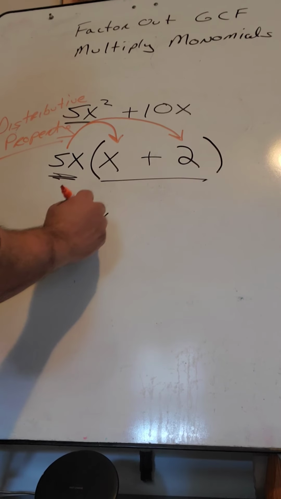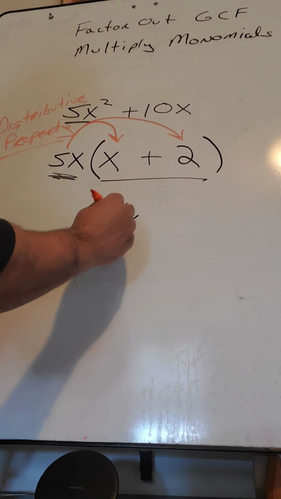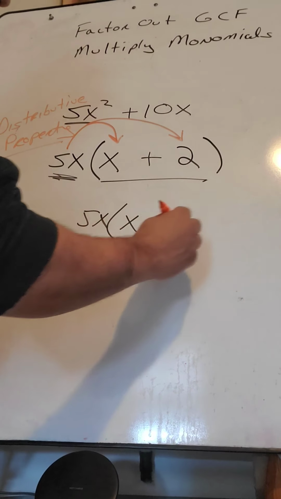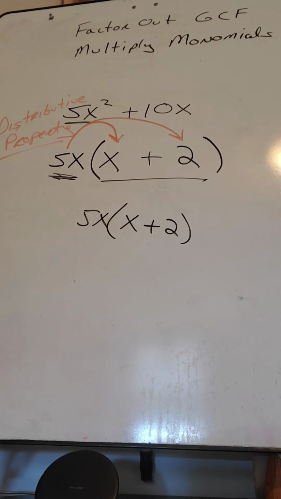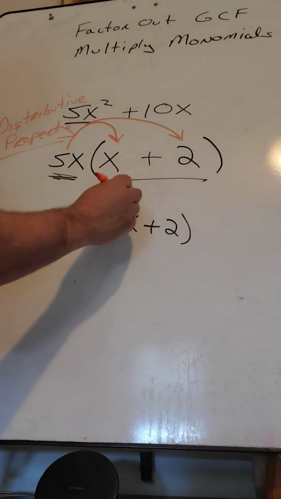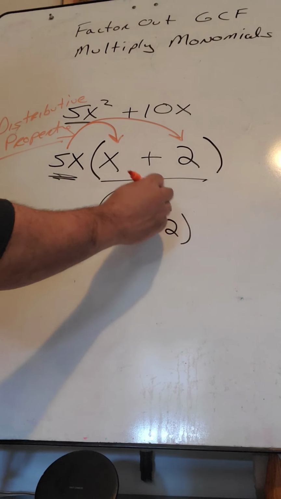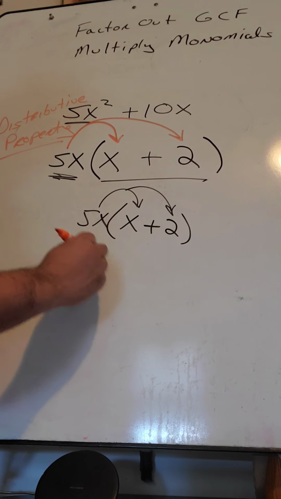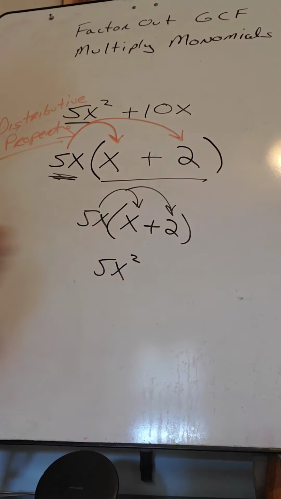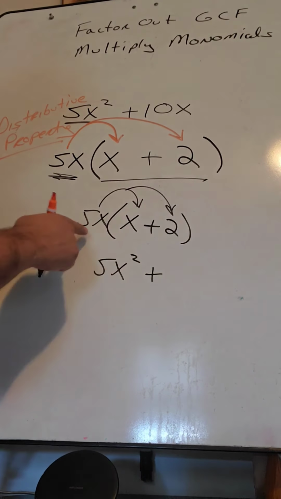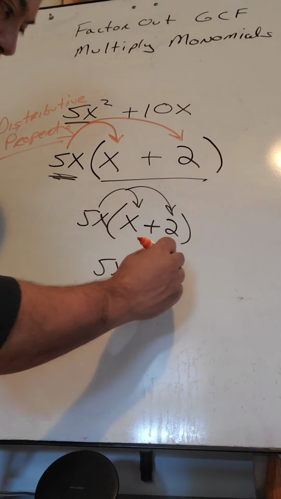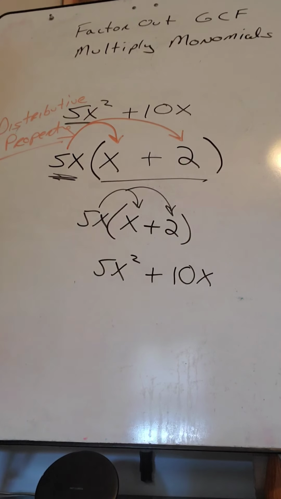So here's my original problem, 5x times x plus 2. I factored that out, and when I multiply back in here, I distribute: 5x times x becomes 5x squared, and then 5x times 2 becomes 10x.